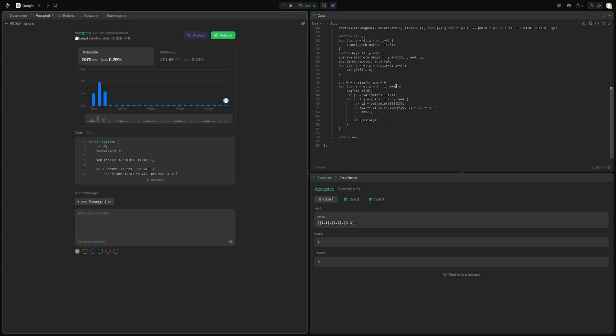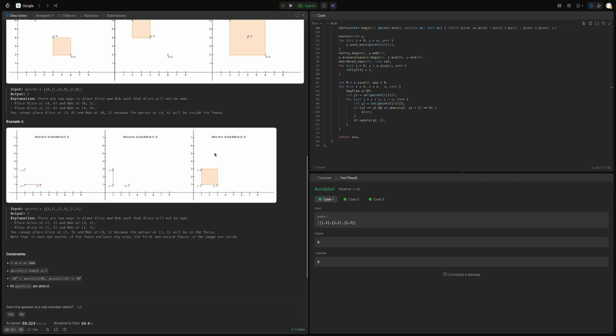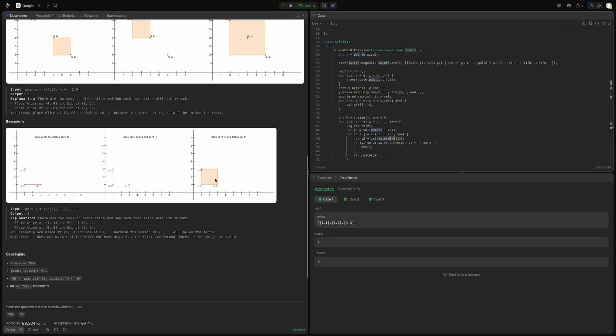I mean, okay, let's try to think about a quadratic solution, not quasi-quadratic. So at some point, okay, we go through whatever, because the valid points with this would make a decreasing sequence of y's.